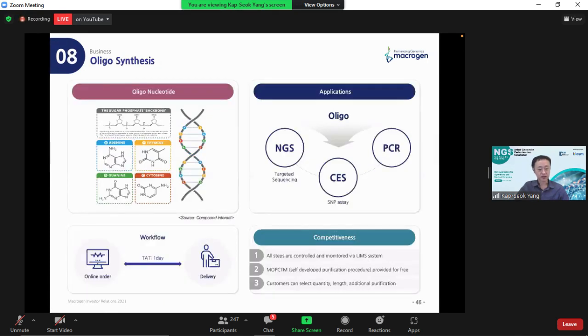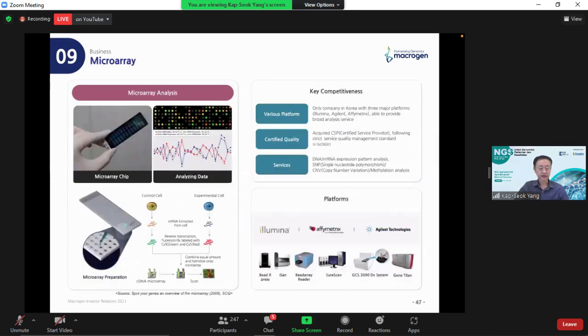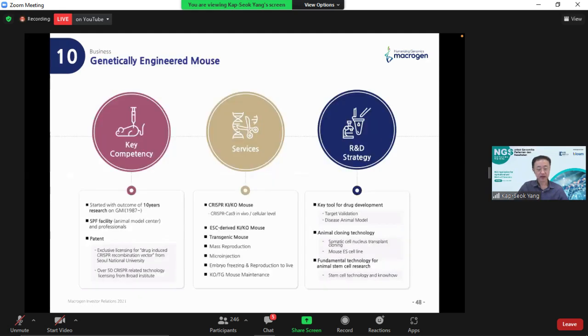We also synthesize oligos, and we have many different platforms for the microarray, including Illumina, Affymetrix, and Agilent. And finally, Macrogen actually started out with this business, genetically engineered mice.